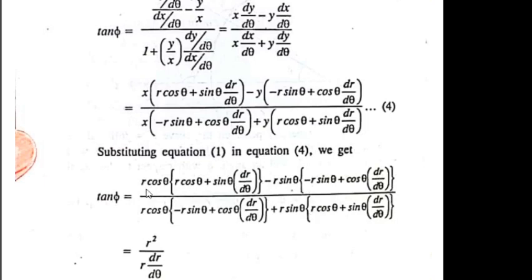After simplifying, we take r cos theta common from the numerator, and again from the denominator. Substitute x equal to r cos theta and y equal to r sin theta. Then simplifying, some terms will be cancelled.